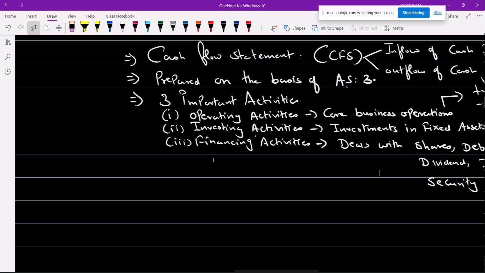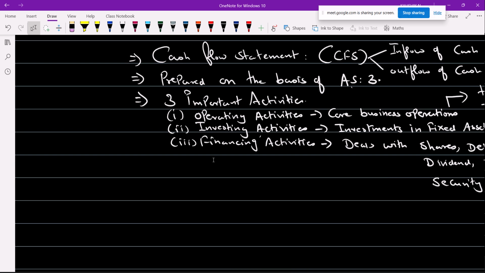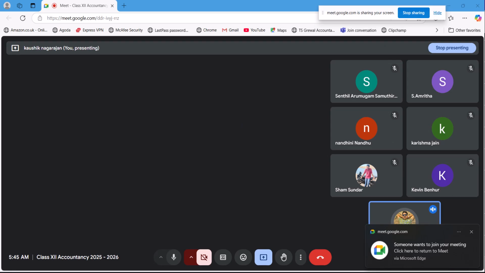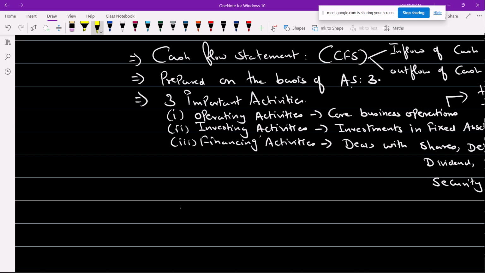There is one more term in the cash flow statement called cash and cash equivalent. Let's see what it is.